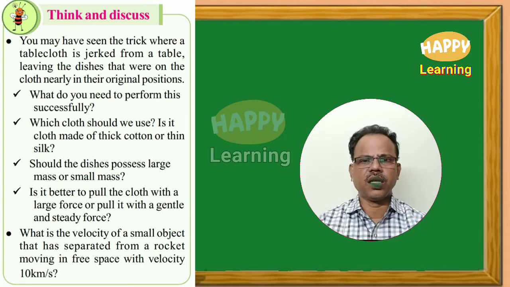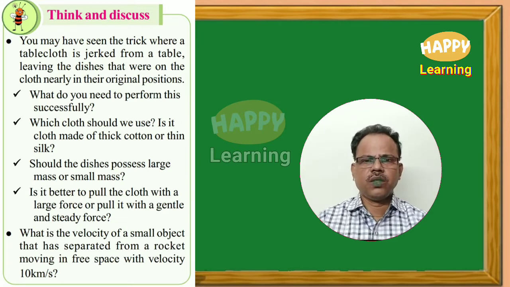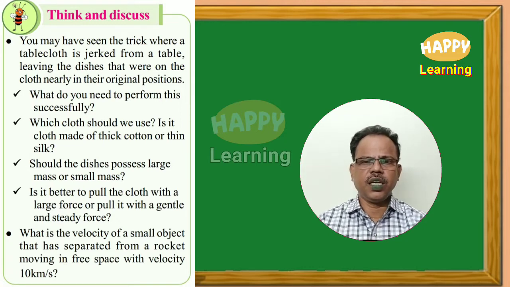We need a cloth that is sufficiently long and wide to spread over the table and put the utensils, dishes. Instead of a thick cotton cloth, we should prefer a thin and silky cloth which will have very negligible friction, because it is silky, its friction is less, it will slip easily from the table.